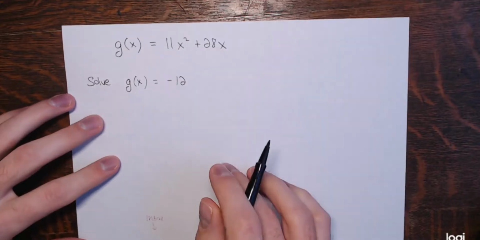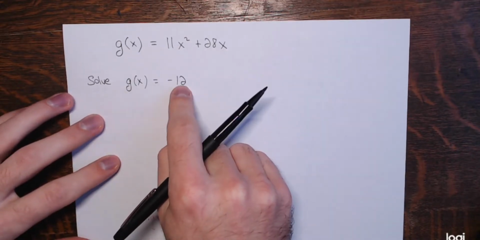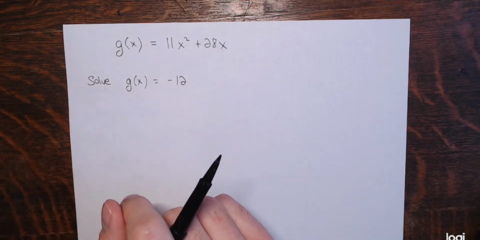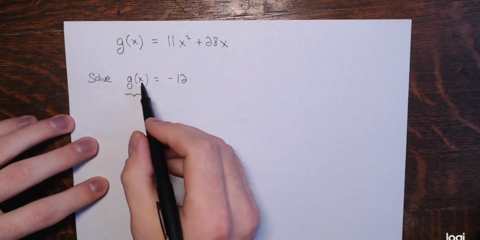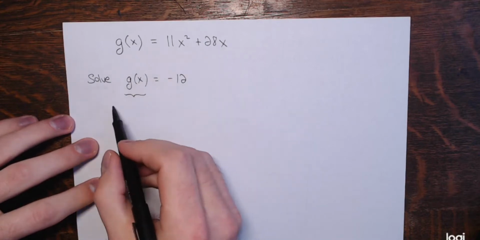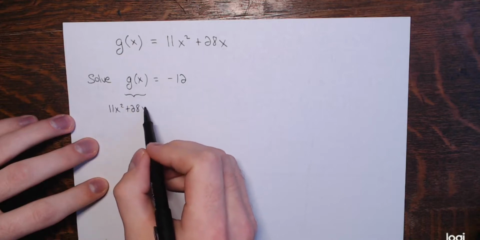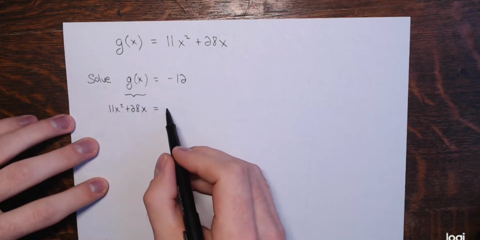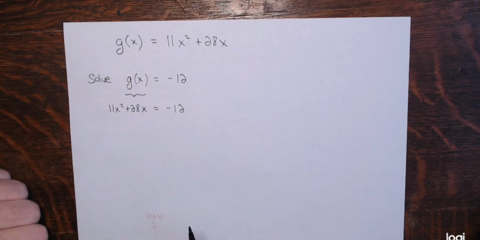So notice I don't know x, right? I know the output. I know the y coordinate, or whatever you want to call it, right? The output. So how do you calculate g of x? Well, that's this here, right? G of x is 11 times x squared plus 28x, and we're asking when is this equal to negative 12, and then here we have a nice quadratic equation to solve.